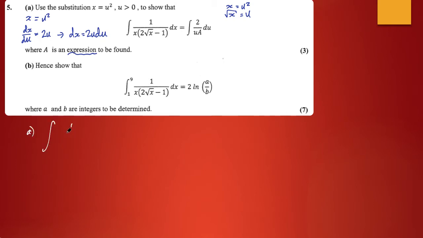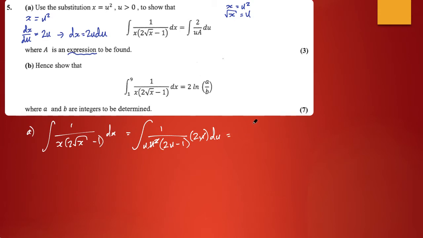So completing the full substitution, I've got the integral of 1 over x, 2 root x minus 1, with respect to x. Exchanging all the elements of that is the same as the integral of 1 over x replaced with u squared, this bit replaced with 2u minus 1, and dx replaced with 2u du. Then I can start cancelling things. That u will cancel with one of those, leaving me with just u there.